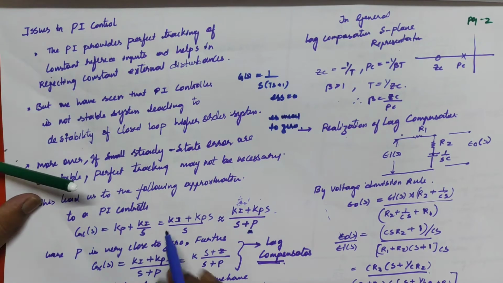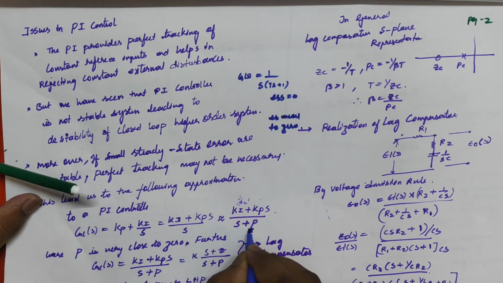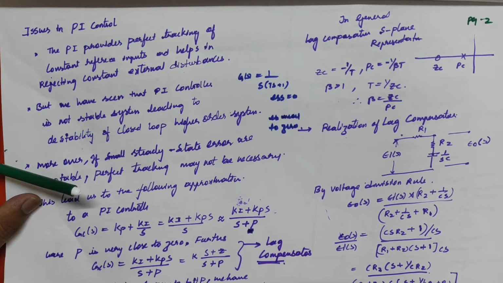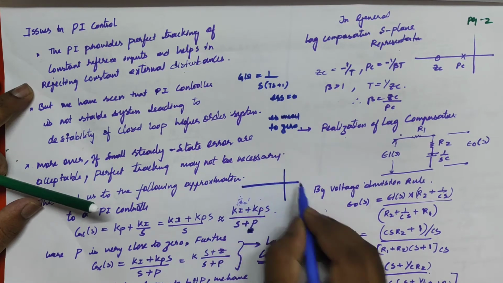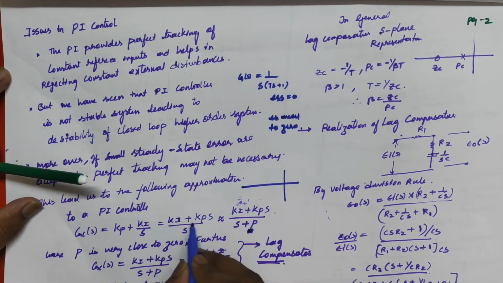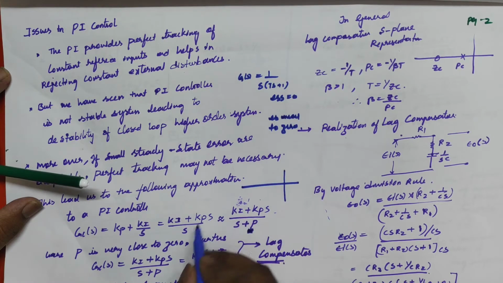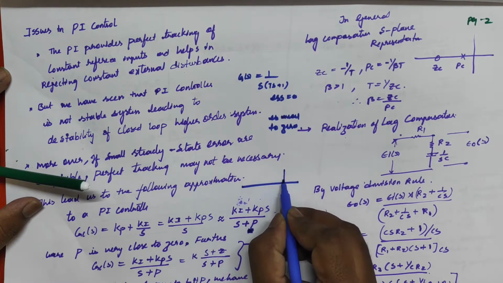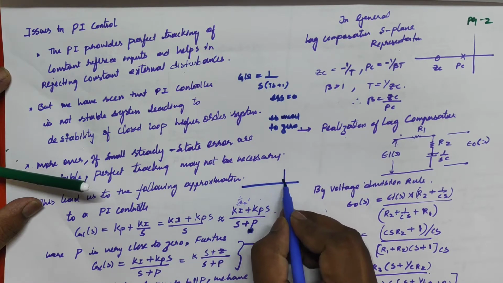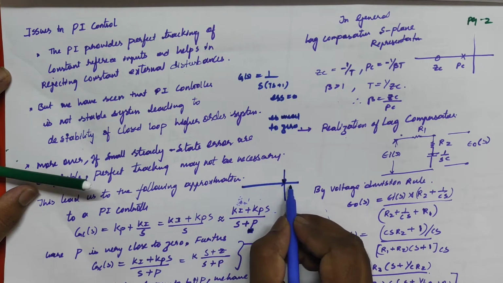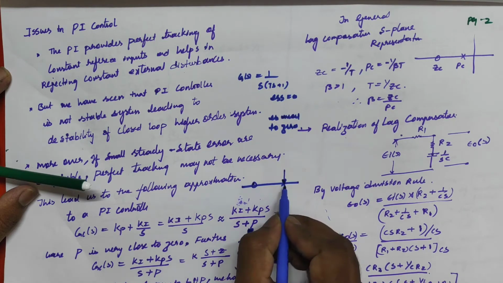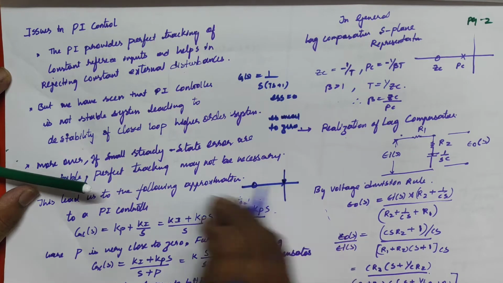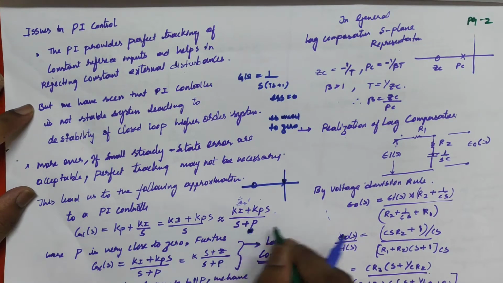If you look at this, we have just added one pole here. So how can we add a pole? In design, if you want to plot this, a pole at the origin is here, and we have a zero here. Now what we are doing is slightly moving the pole near the origin, keeping another pole.